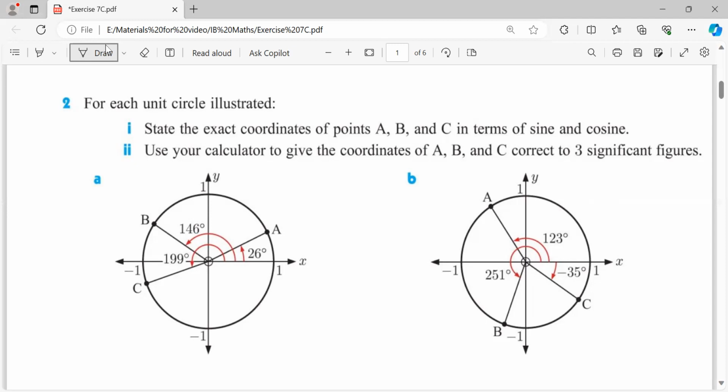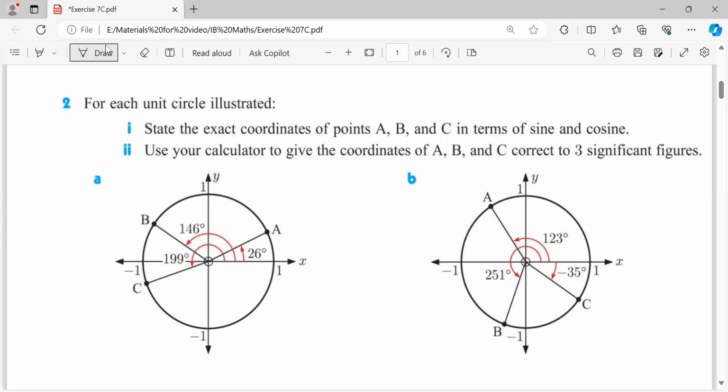Firstly, we will determine the coordinates of point A, point B, and point C in terms of sine and cosine.